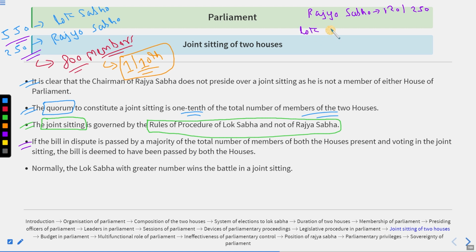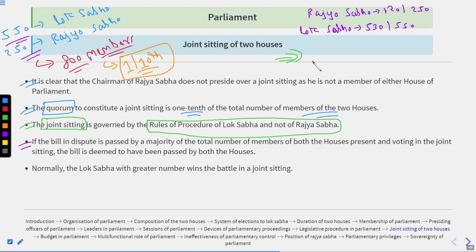In the case of Lok Sabha, out of 550, 530 members supported it. Okay, and then we had assumed the condition that even after the joint sitting, none of the majority and minority votes got changed.